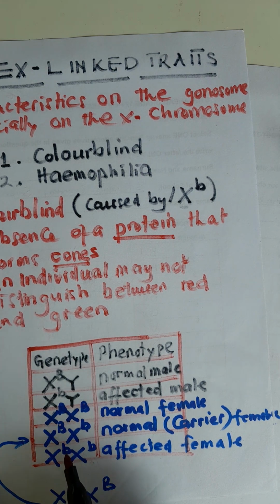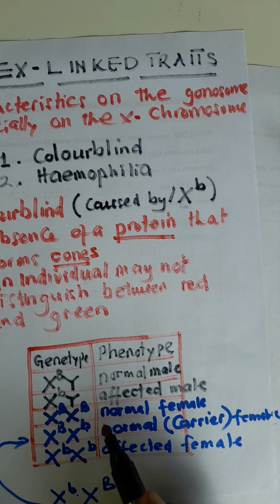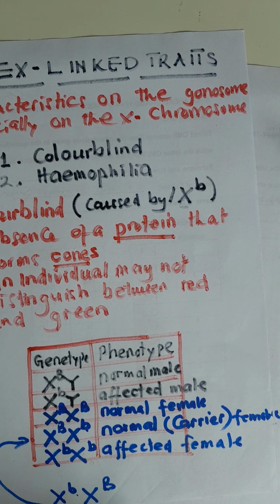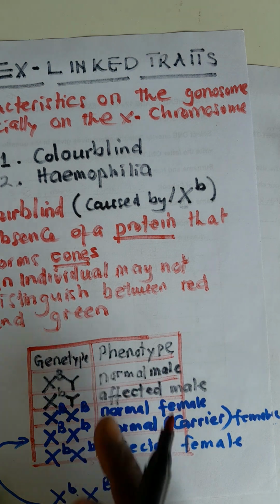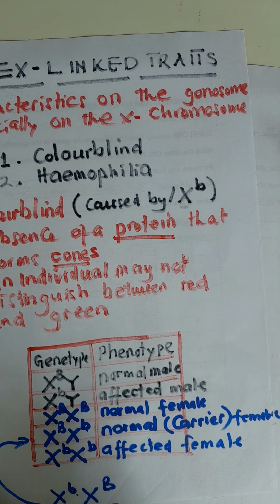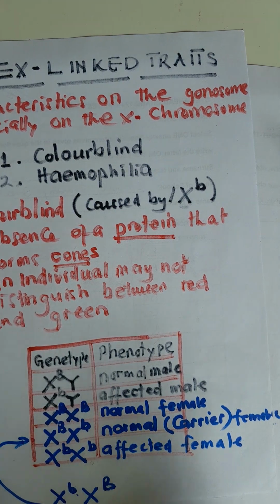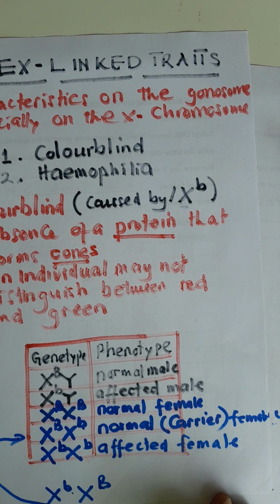But what about females there? There are 3 females there. Out of 3 females, there is only 1 that is affected. Now you can see that color blindness here affects more males than females. Why? Because males have got only 1 X chromosome.